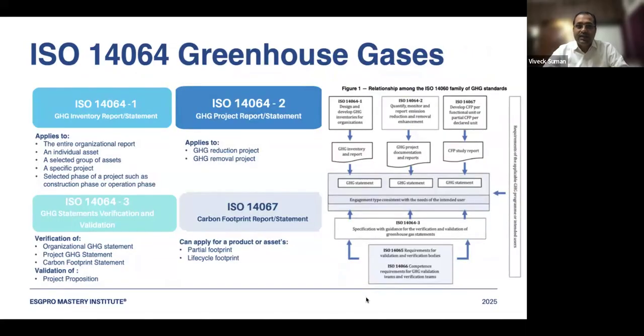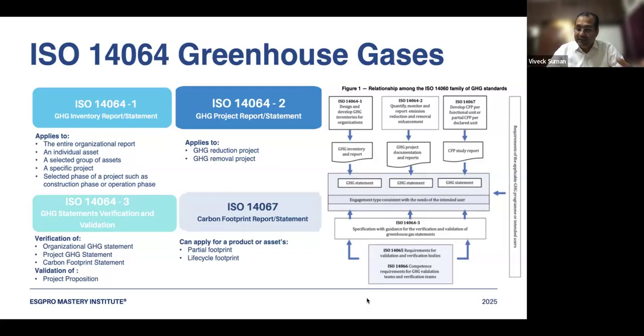Then we went inside ISO 14064 greenhouse gases. We looked into 14064-1, where we said that it applies to the entire organization, while 14064-2 applies to a project. So whenever people ask, ISO 14064-2 is the standard for projects, which could be even your carbon reduction project.